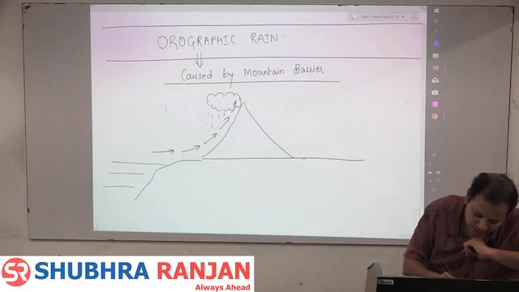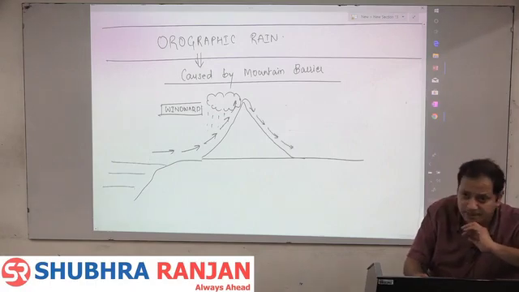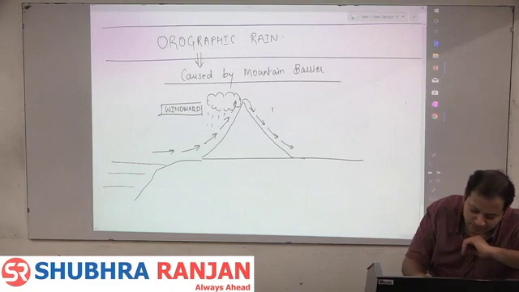This side of the mountain is known as the windward side. Afterwards, the wind is forced to come down. As the wind comes down, it heats up adiabatically, and therefore rainfall here is less, which is on the leeward side, always a rain shadow region.